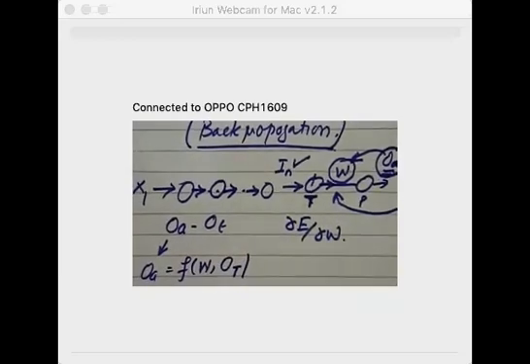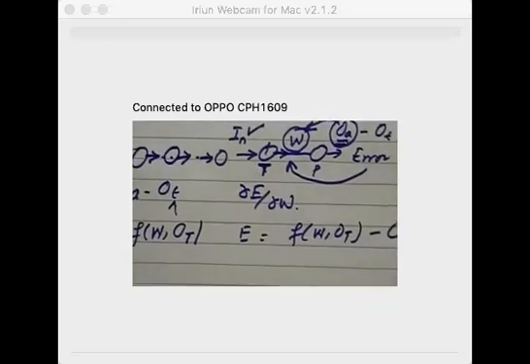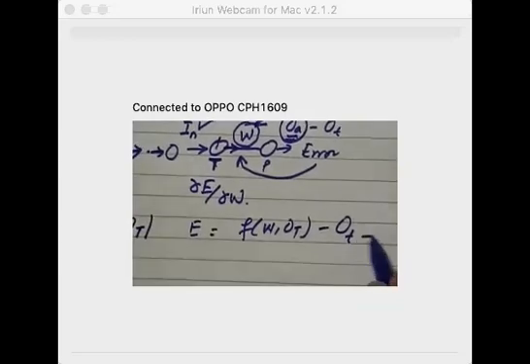Now if I put it in the error expression, the error expression becomes a function of this weight W. So this would be this minus OT. Remember the small t here is representing the target.